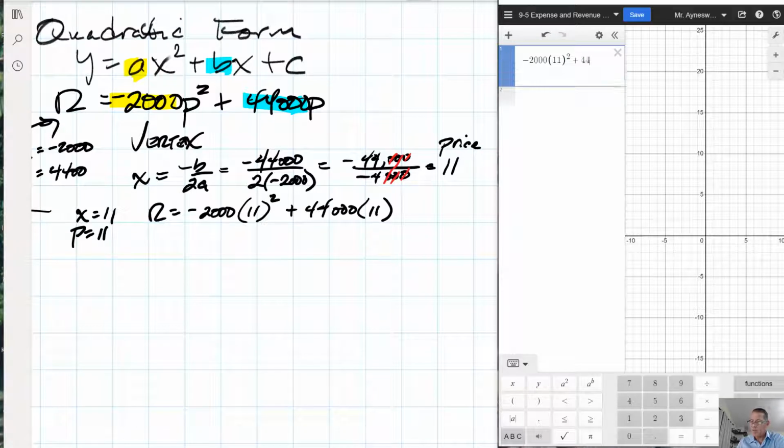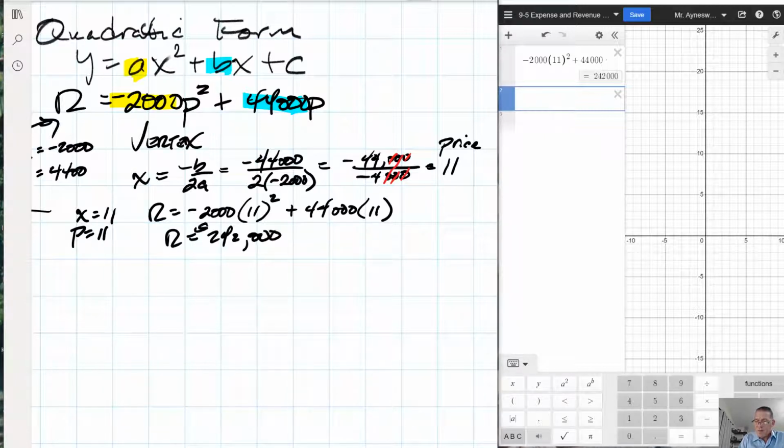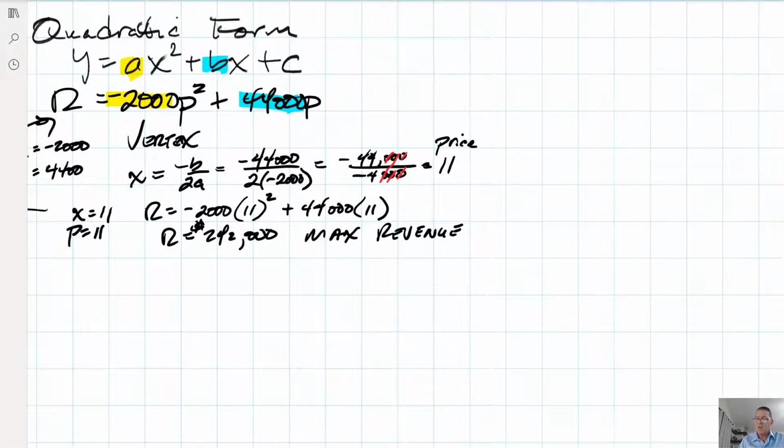So as long as you can type and read, you can do this, okay? And so notice that you get 242,000. So R is equal to $242,000 right there. That's called the max revenue. So make sure you understand what you are doing here, guys. We're trying to find where the max occurs, and it occurs if the price is set at $11.